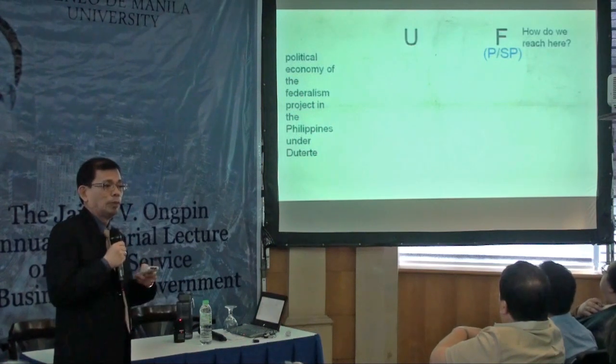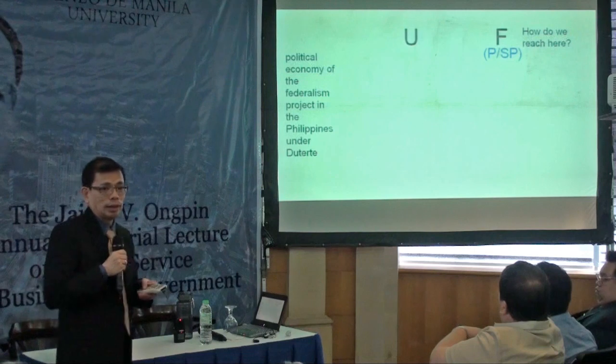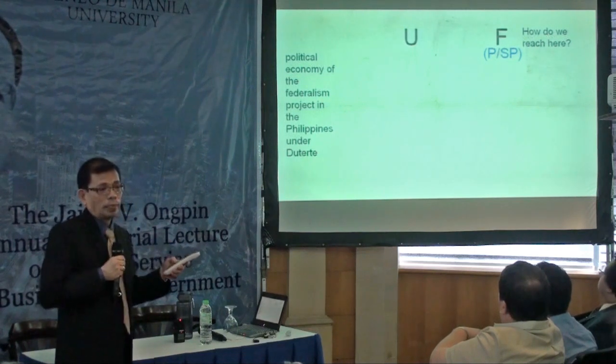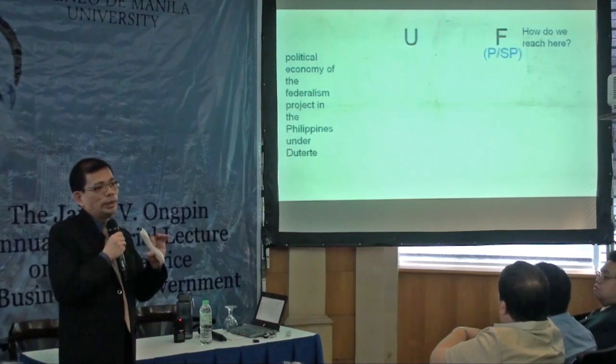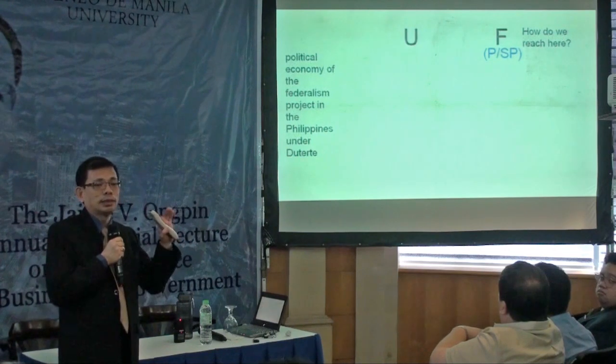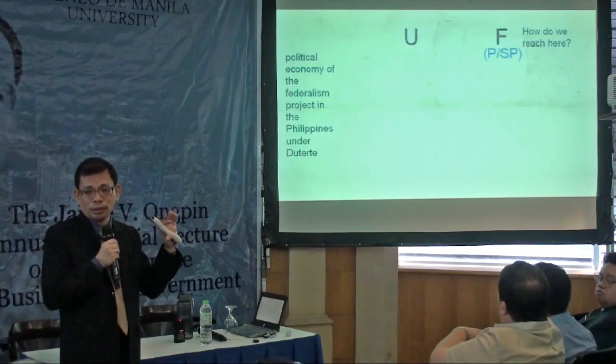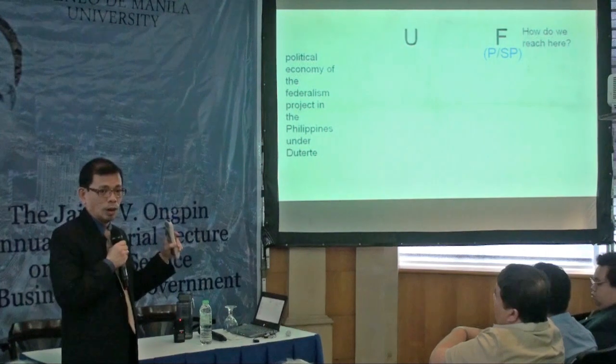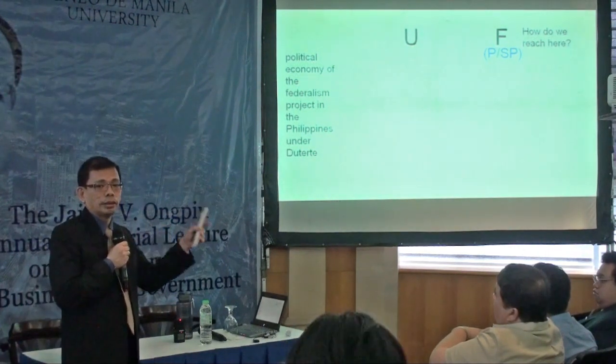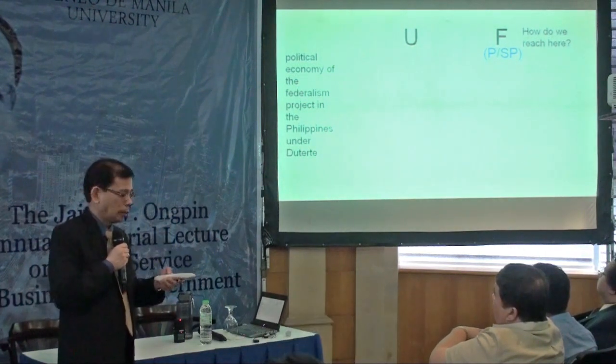The question in the political economy perspective is how do we reach here? Even if we concede that there's such a thing as an optimal federal system of government, the question is, how do we get there? And that's the political economy question.